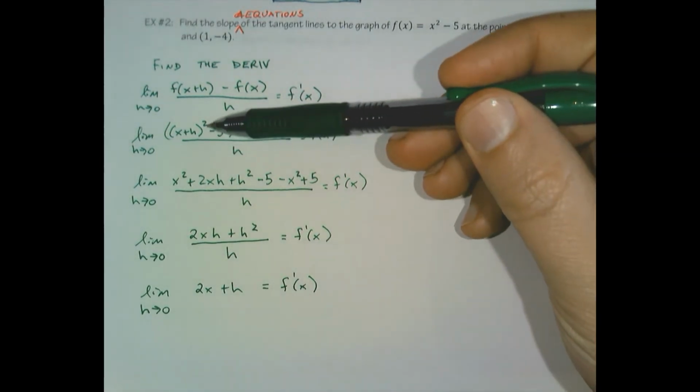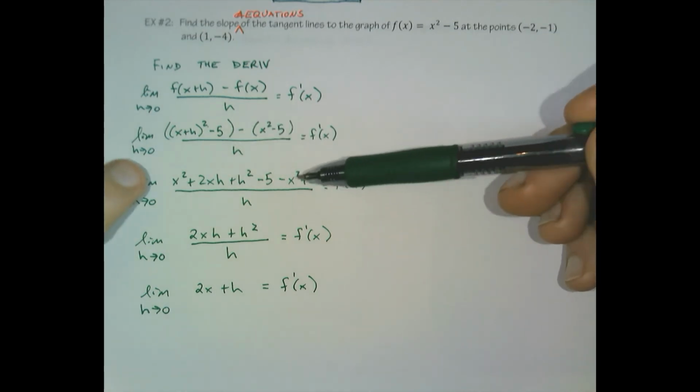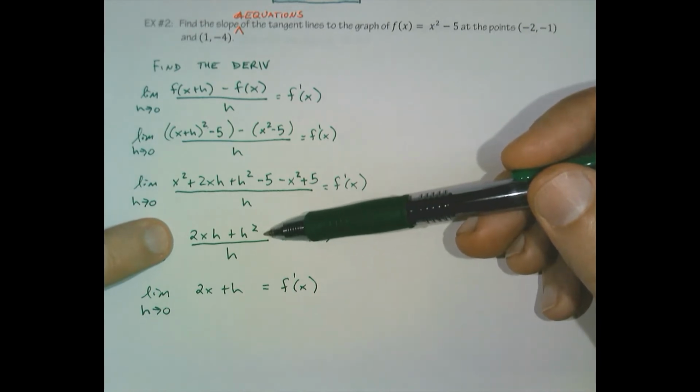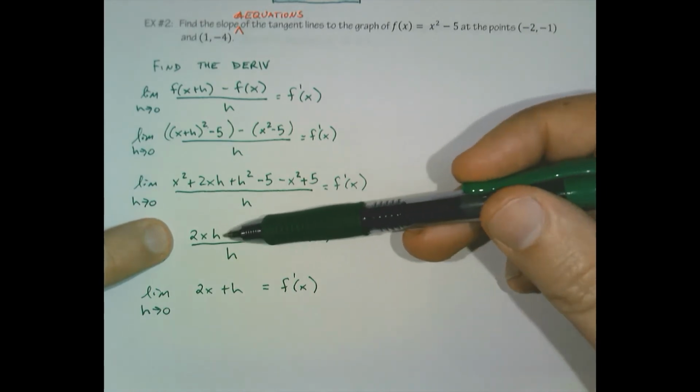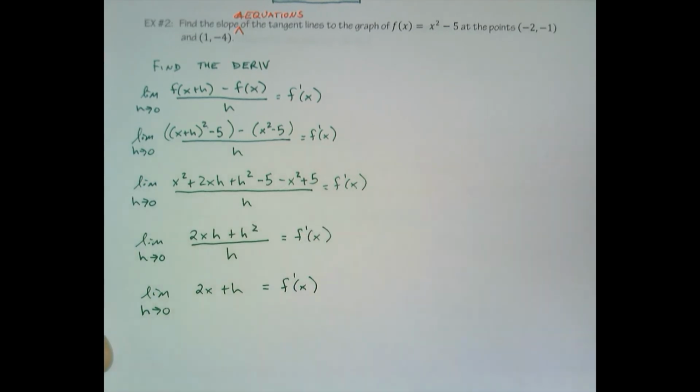Alright, so I foiled the quadratic and I distributed the negative, and then x squareds cancel, 5's cancel, and we're left with 2xh plus h squared on top. There's an h in all three terms, so I factor the h out of the top and cancel with the denominator, and I'm left with the limit as h goes to 0 of 2x plus h.